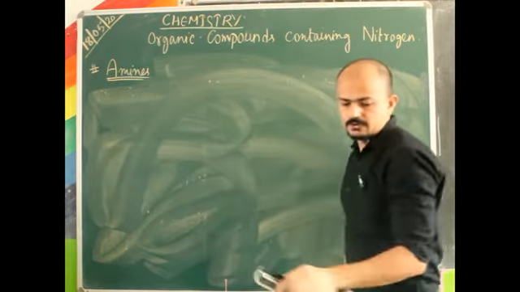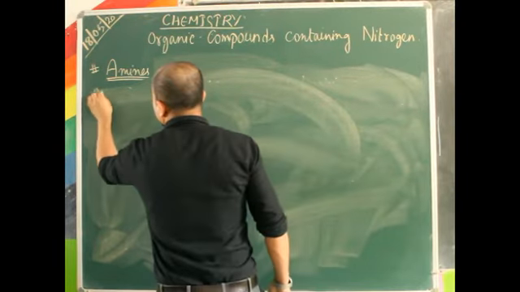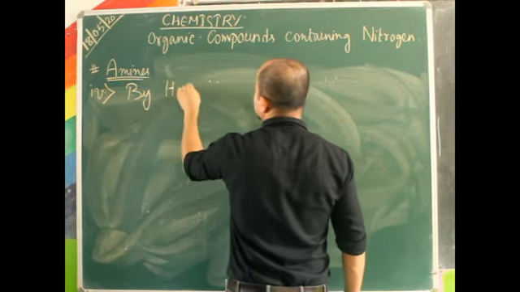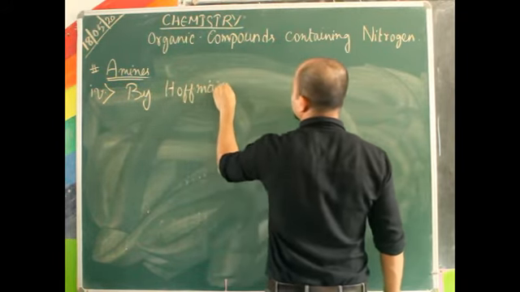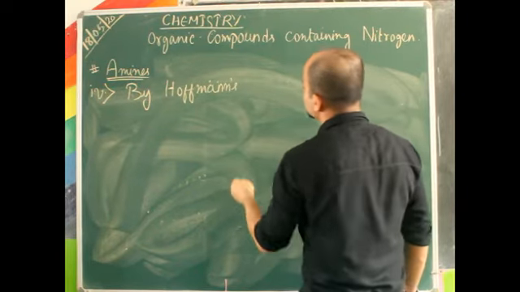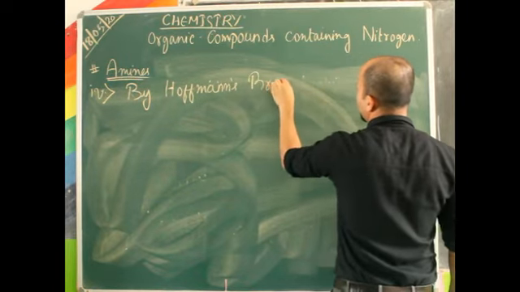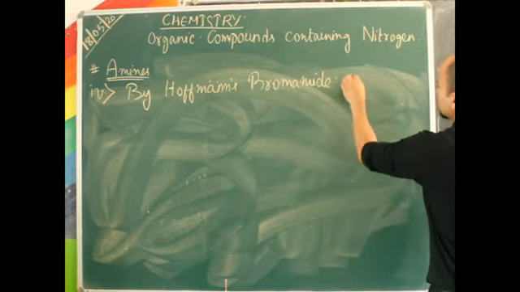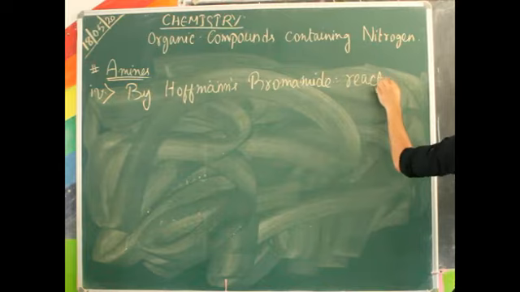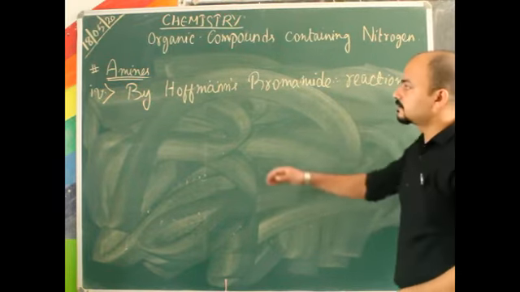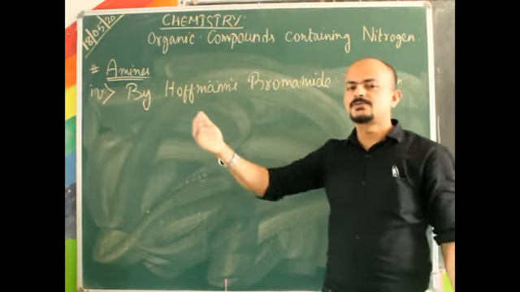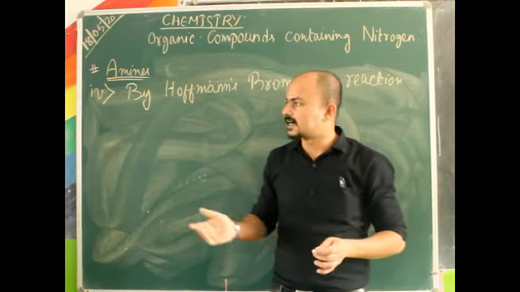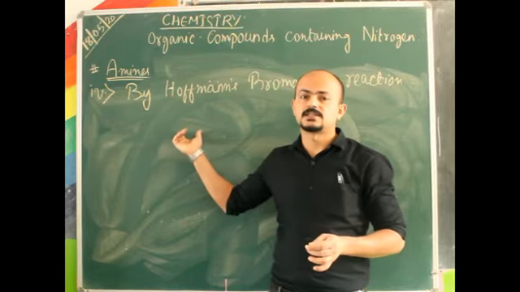Now this is our fourth method of preparation, by Hofmann's bromamide reaction. And this reaction is very important. In our previous video we had discussed the ascent and descent of the carboxylic series, and there we have used it.